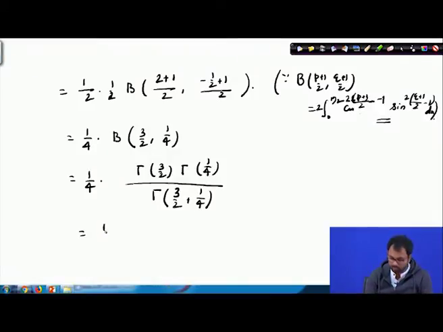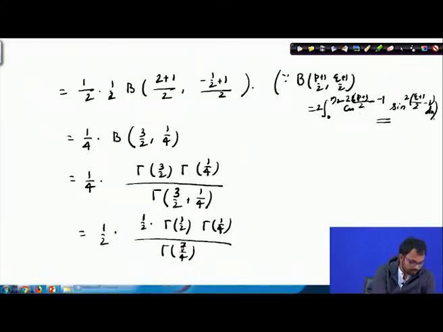So this can be written as 1 by 4 times gamma 3 by 2 times gamma 1 by 4 divided by gamma 7 by 4.